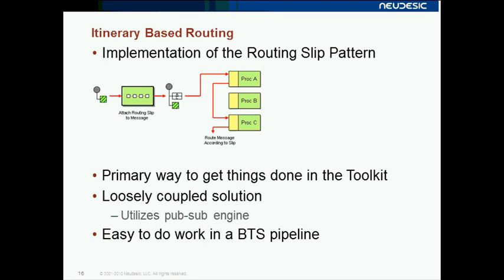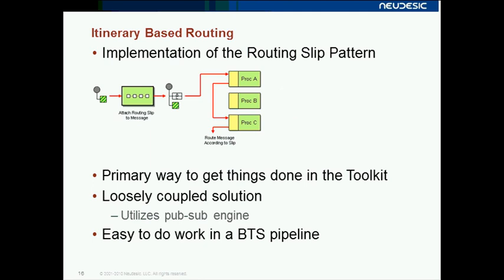So we're getting close to a demo, so thanks for hanging in there. So I wanted to talk next about the itinerary-based routing. As I mentioned, this is really the primary way you do things within the toolkit as far as development aspects. So what itinerary-based routing is essentially an implementation of the routing slip pattern.